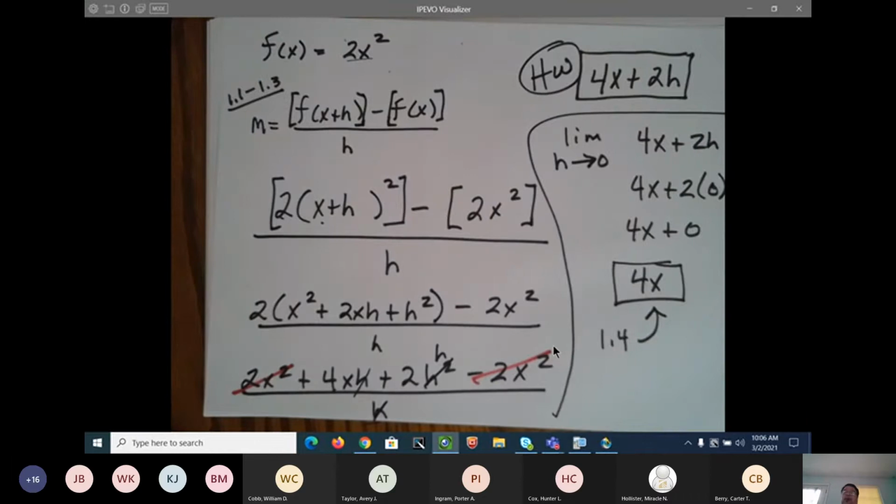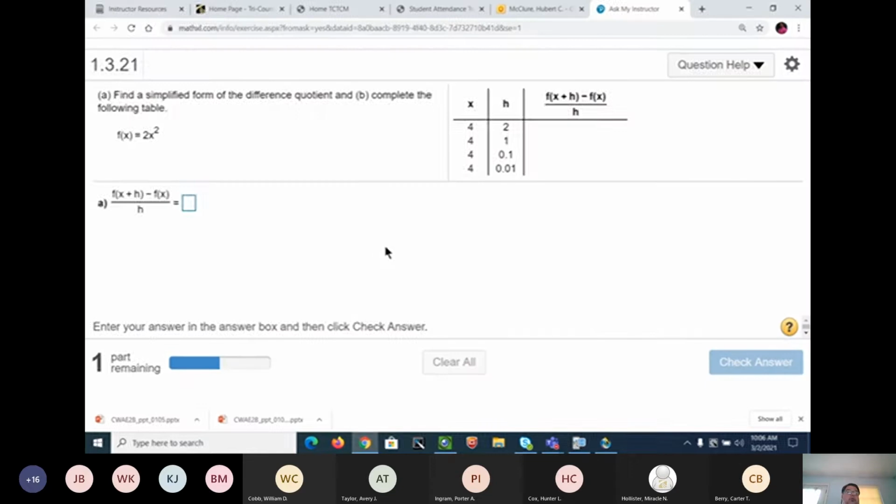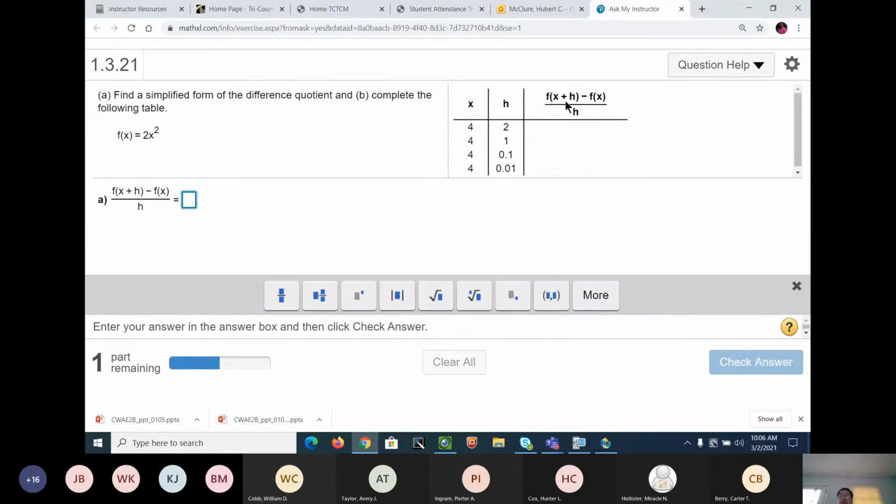So we're going to type in 4x plus 2h, unless they want you to do the limit. Let's look at the question again. I'm just going to do 4x plus 2h. They may want some long drawn out answer over here, or they may want you to plug in the numbers. I didn't think about that.